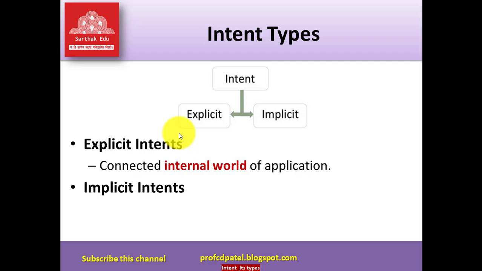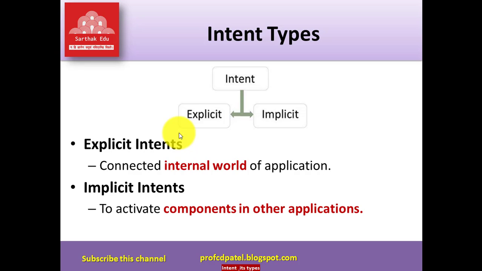For example, the main activity connecting to the login activity. Whereas implicit intent is used to reach components in other applications, or sometimes it has no name as a target and the field for the component name is blank.